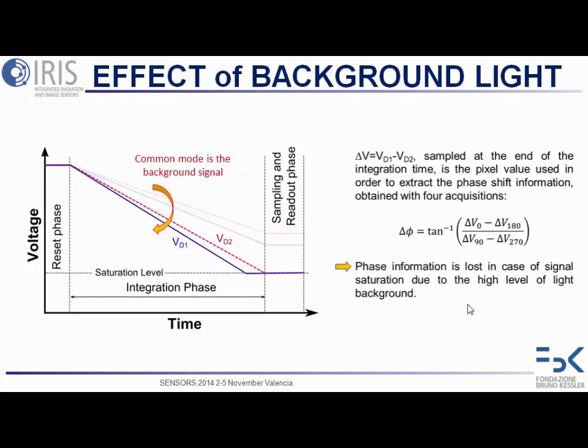But the second contribution is due to the common mode signal coming from the background light, which causes the signal to saturate before the end of the integration time, losing this way the useful information for extracting the phase shifting we need for the distance measurement.